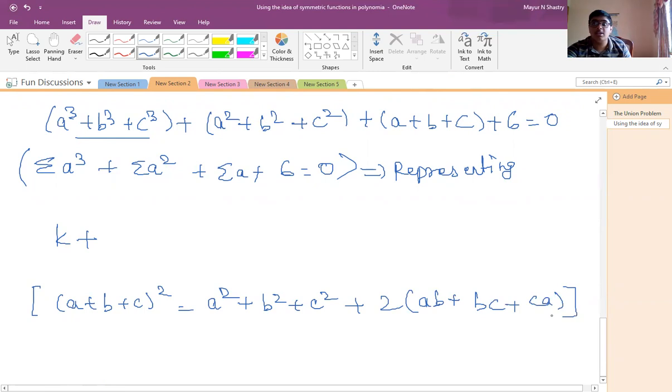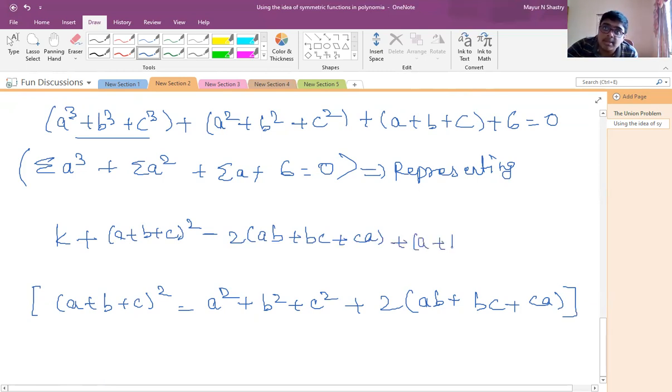This, of course, is a very nice relation which we are going to use. So I can write a square plus b square plus c square as a plus b plus c the whole square minus 2 times ab plus bc plus ca, plus a plus b plus c plus 6 equals 0.